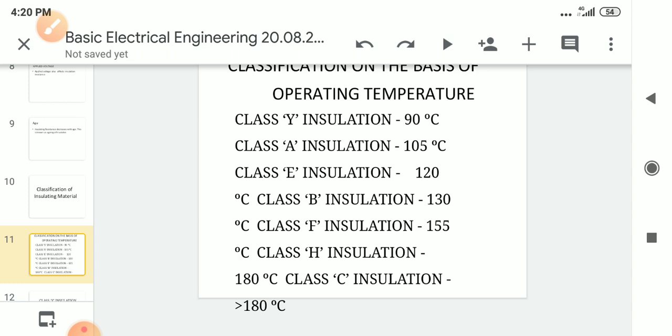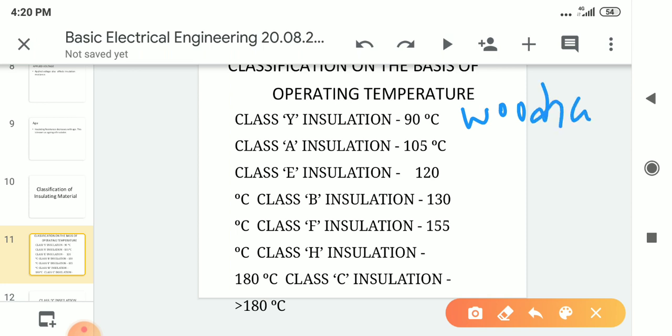That's why we have to consider its maximum working temperature. Here, the class Y insulation material's working temperature is only 90 degrees centigrade. Examples are wood, cotton, like that.